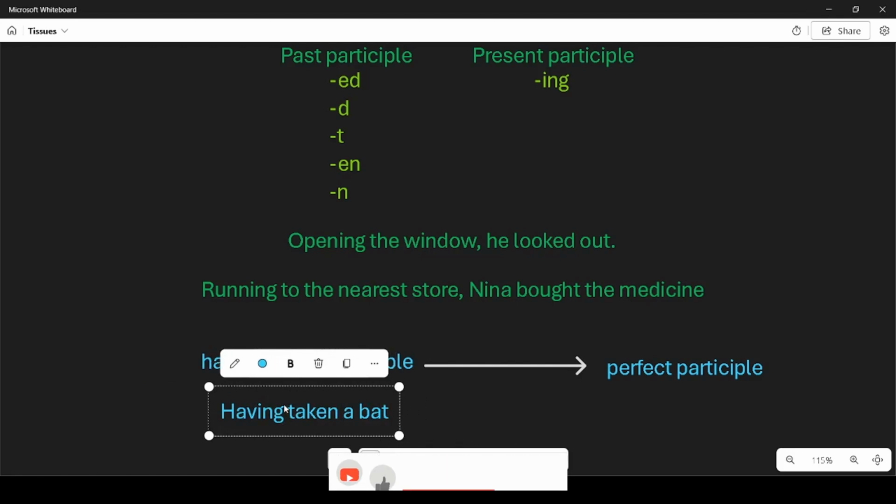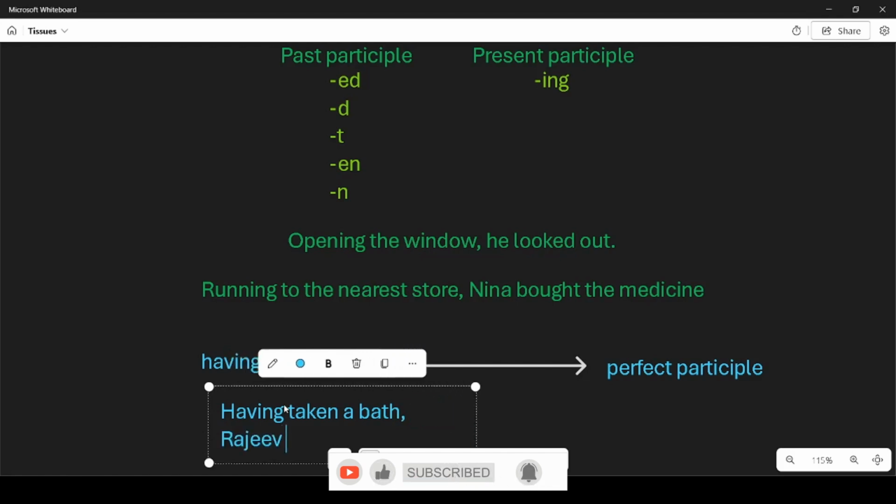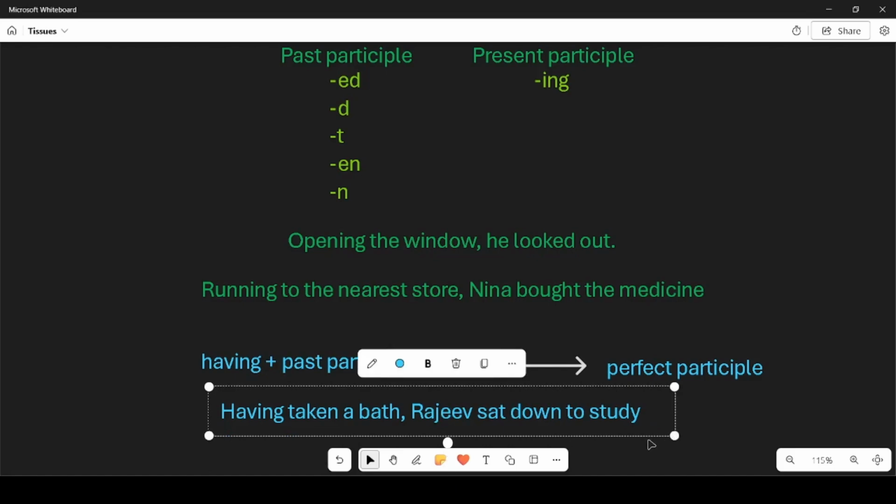So we put a comma here. Rajiv sat down to study. So having taken a bath, Rajiv sat down to study. So this is an example of a perfect participle.